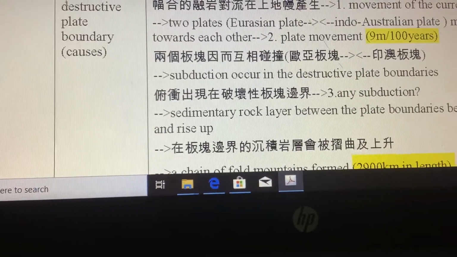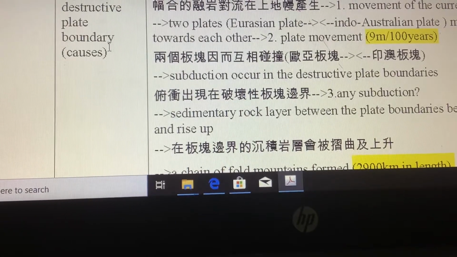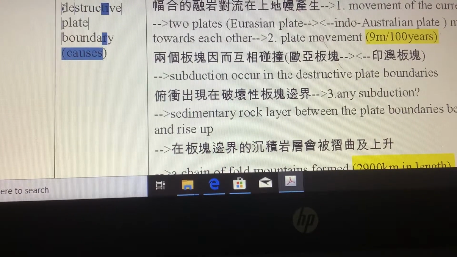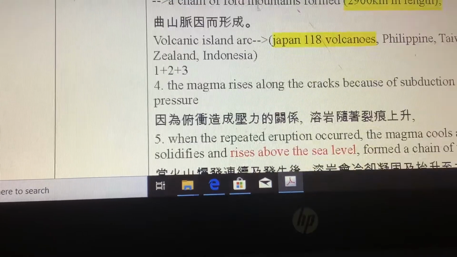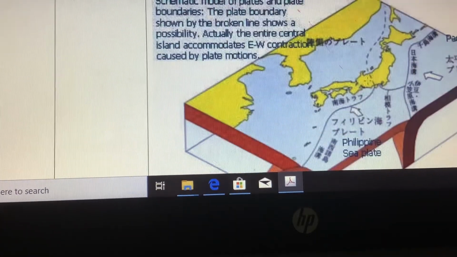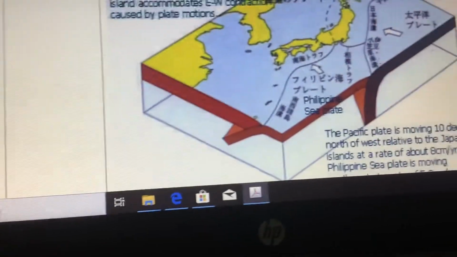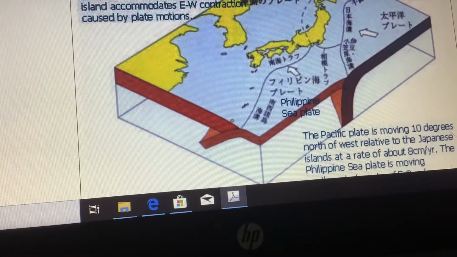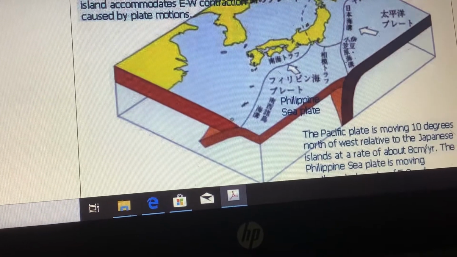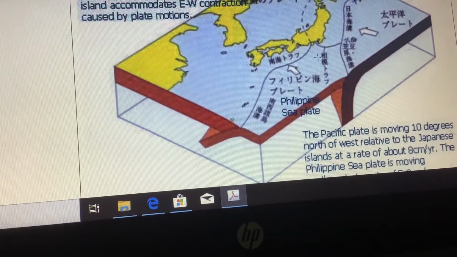It should be page 2, destructive plate boundary. I cannot highlight, but anyway, destructive plate boundary. So accordingly, you can see subduction, sea trench takes place. You can see in Chinese, sorry that I haven't shown you in English. This is called sea trench in Chinese.